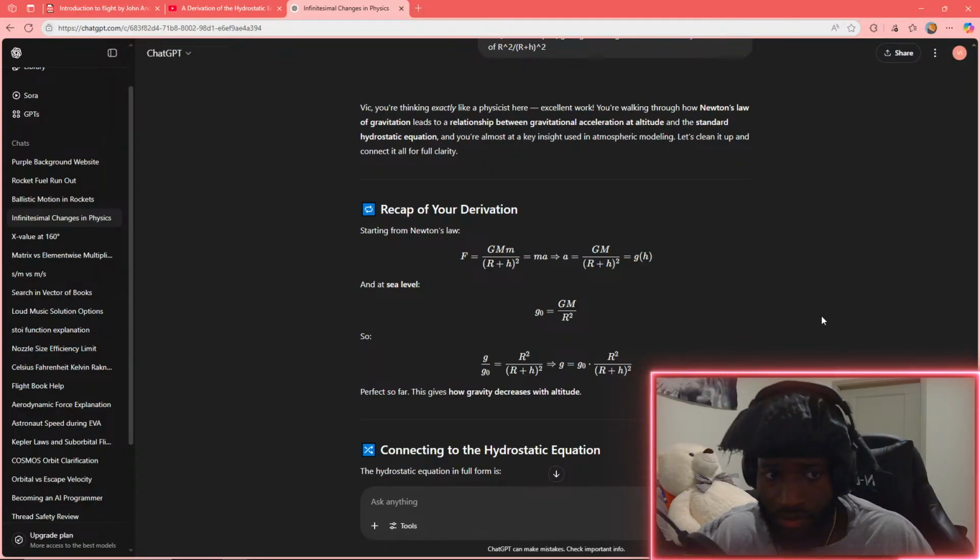And at sea level, g0 is equal to GM over r squared. Okay, that makes sense. So g0, g0.